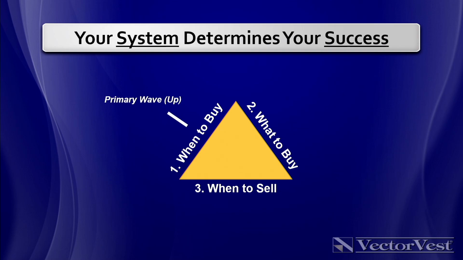So in terms of when to buy, we're going to leverage a timing model in VectorVest called the primary wave. And it is dynamite. It really nails the major turns in the stock market, and on all the little bumps and wiggles in between, it helps us navigate those things beautifully.